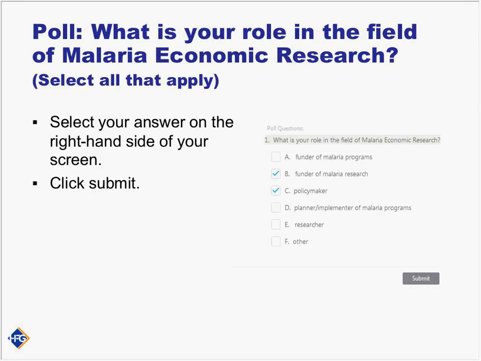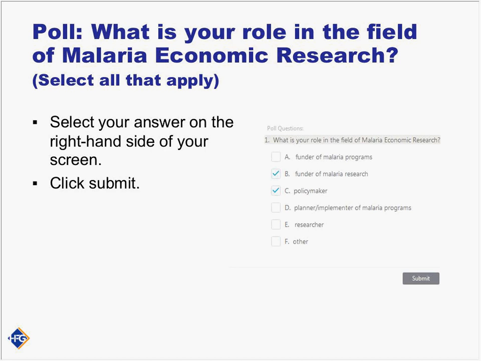The third interactive feature that we're using today is polling, and we'd like to use this to get a sense for who's joining us. Alina, if you wouldn't mind starting the poll, those of you who have joined on your computer, please indicate via the poll what role or roles you play in the malaria economic research world.